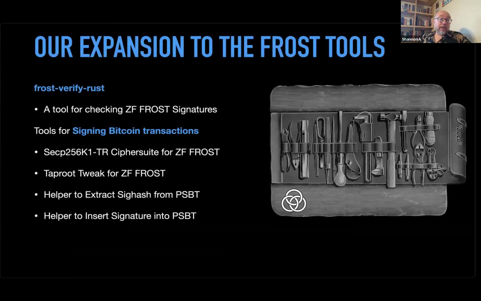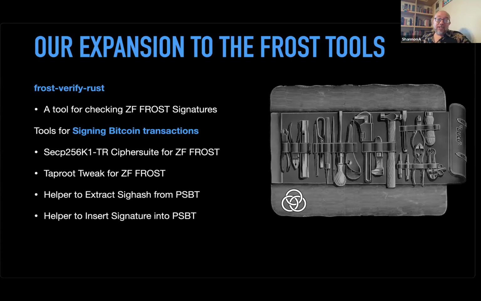We, and by we I mean Wolf, have done a bit of work to expand their tools. We created a tool called Frost Verify Rust, which checks the particular file format of ZF Frost signatures so you can see that the signatures are actually working, which I thought was important for a hands-on course, to make sure you knew that you could do a signature and that it then checked out.